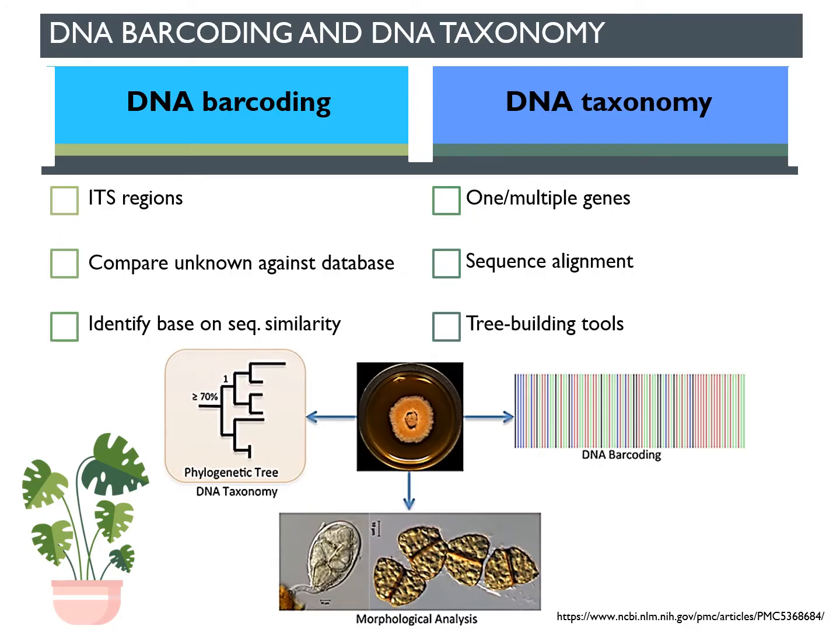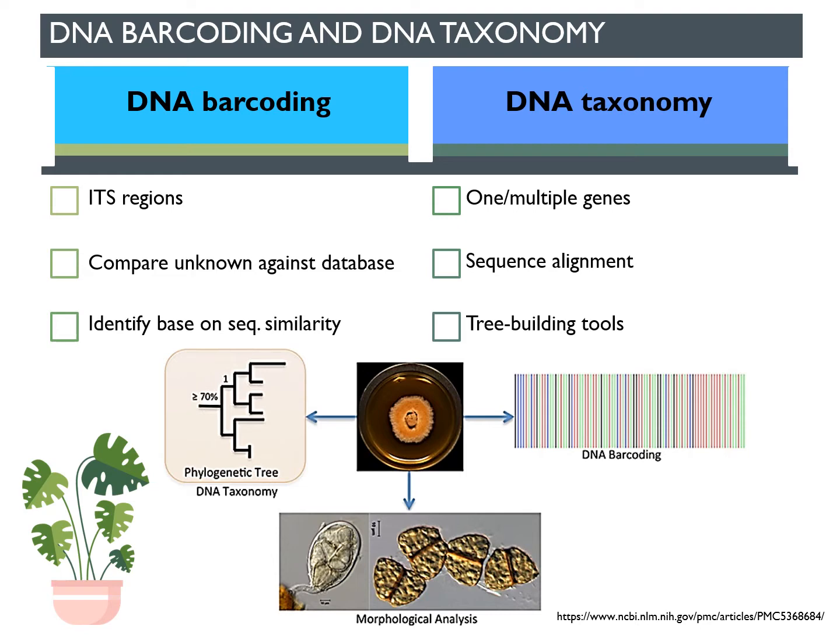Before we move on to the identification of fungi using the molecular technique, let's see the overview of how DNA barcoding and DNA taxonomy are generated. DNA barcoding involves the use of the ITS region for fungal identification by comparing your unknown against the sequence database.